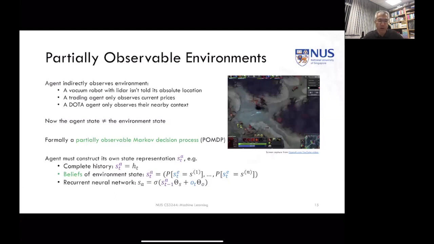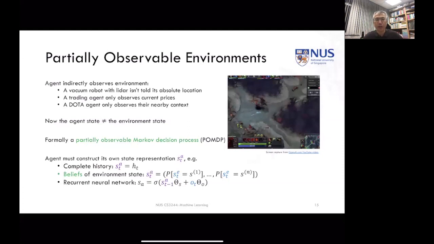For example, a vacuum robot with LiDAR might have a local sensor like the LiDAR itself and get some range information, but it is not actually told its absolute location. It might try to compose what it sees in its local environment with a map provided by a third-party application, and try to align and localize itself in the environment.